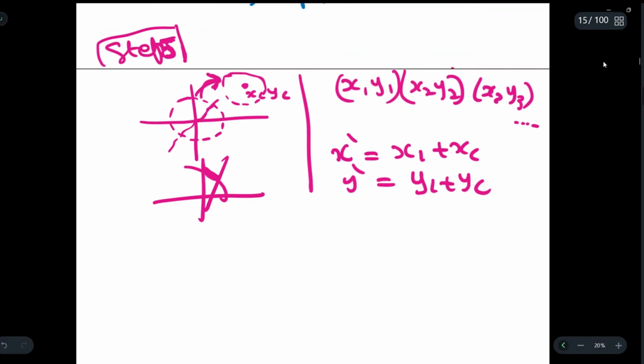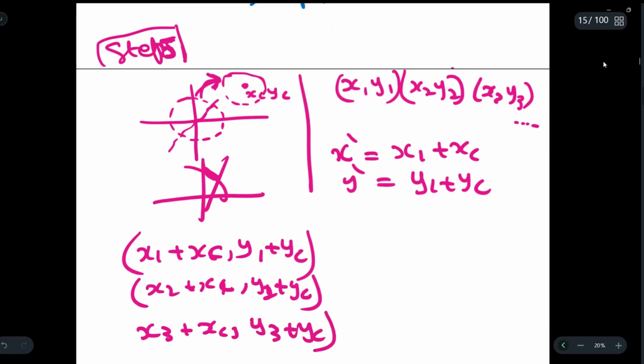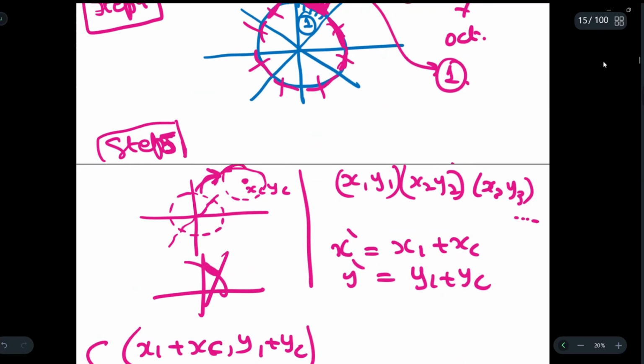So you will write the final answer as x1 plus xc comma y1 plus yc, x2 plus xc comma y2 plus yc, and similarly x3 plus xc comma y3 plus yc. This will be your final answer whenever the circle is given at a point xc comma yc.